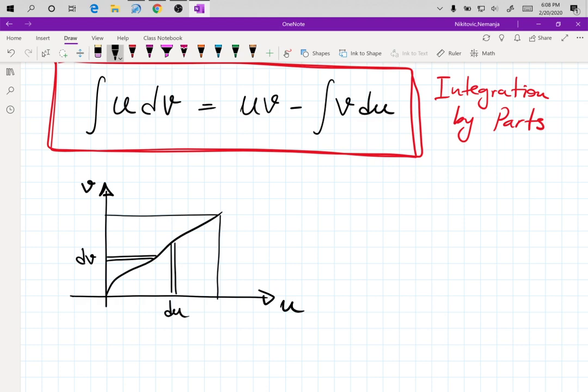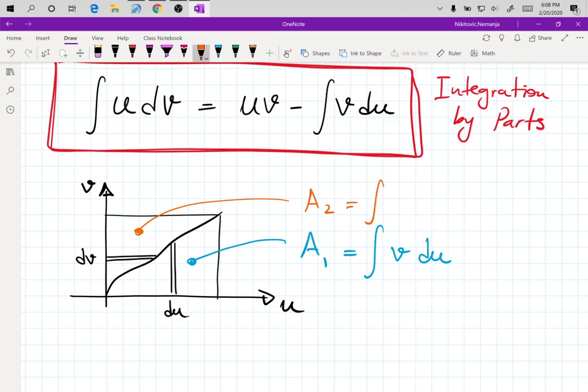So now, for this region here, I have that the area, call it area 1, is equal to the integral of the function v in respect of du, because your representative rectangle is du. The one on the other side of the function is, call it area 2, integral of, and now since you have the horizontal line, it is u dv.